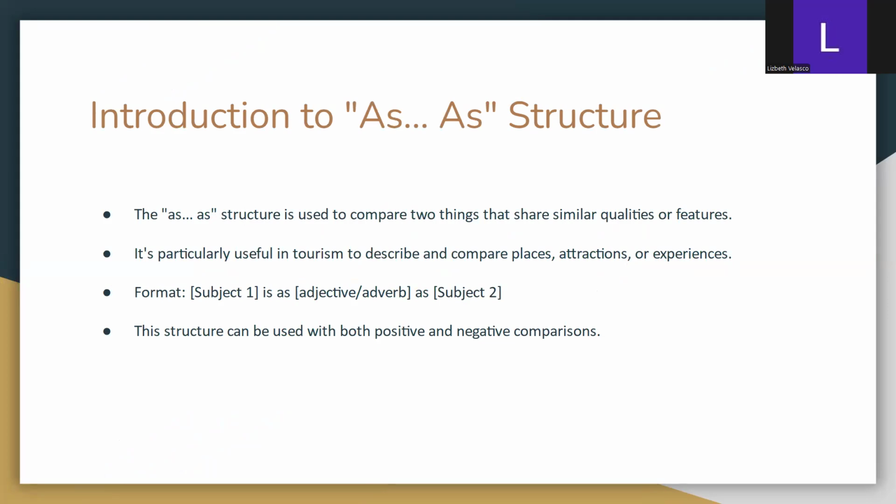Introduction to the as structure. The as structure is used to compare two things that share similar qualities or features. It's particularly useful in terms to describe and compare a place, attraction, or experience.